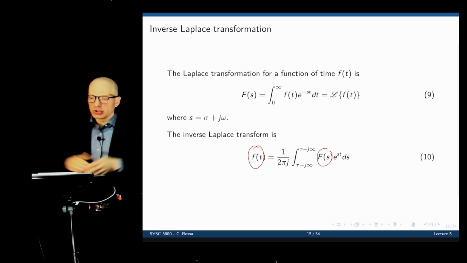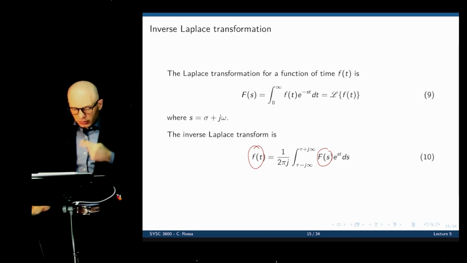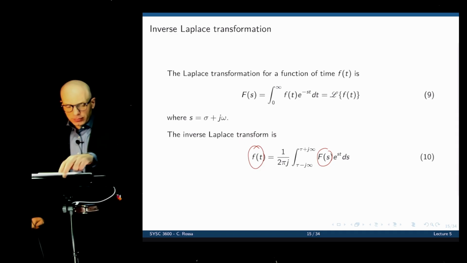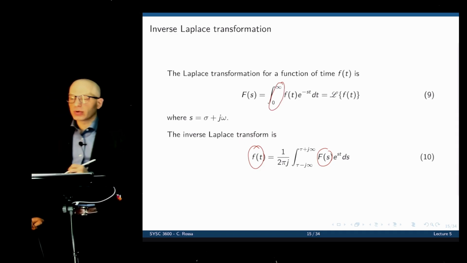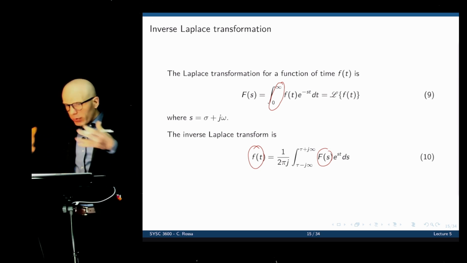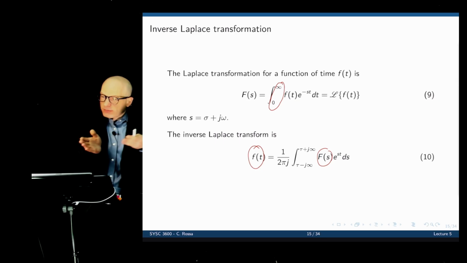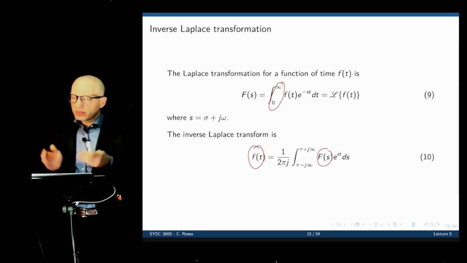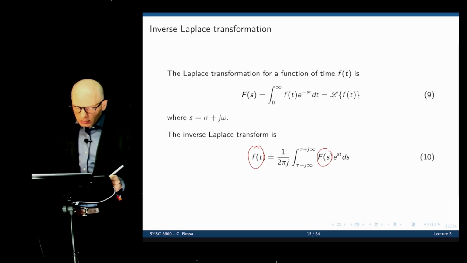Right? That's for equation 9. And if you go to equation 10, now you notice that in equation 9, we are dealing with time, right? So if a signal exists in time, we do the integration over a range of time. But now when we have done the Laplace transform, we move to the frequency domain. So you're not dealing with time anymore.